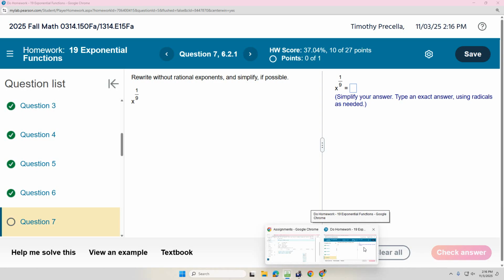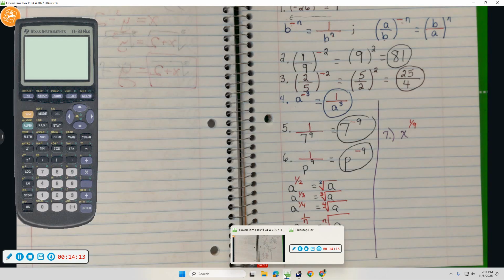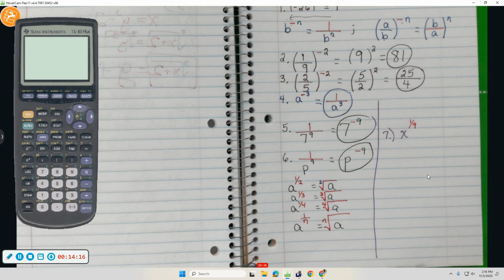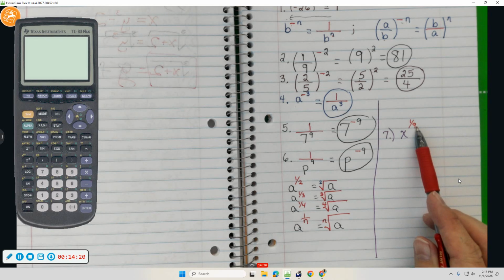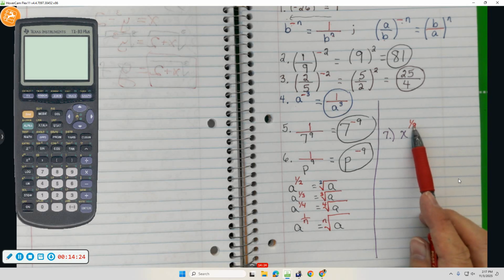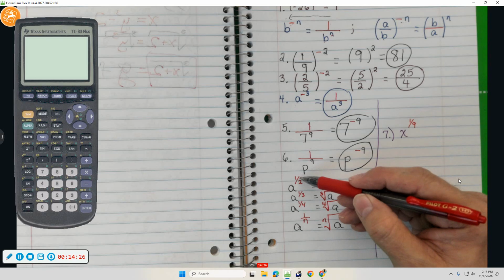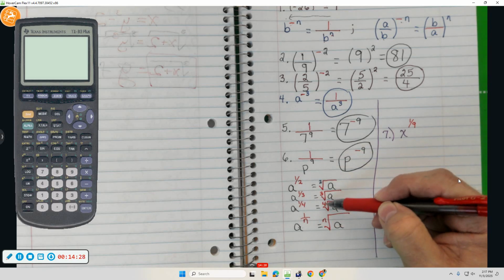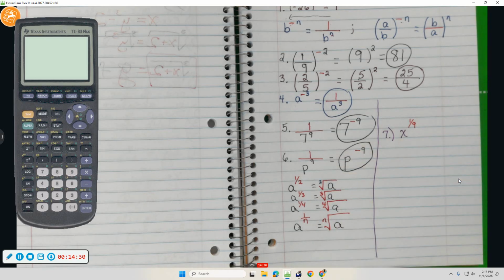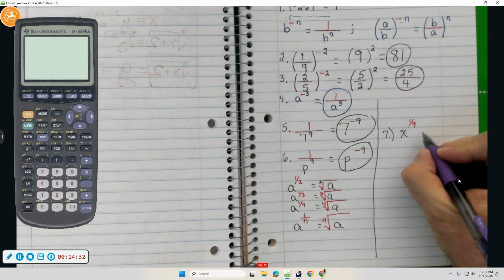I'd like to write it like that. So what it wants us to do is to rewrite x to the 1/9 without this fractional exponent, without the rational exponent. That means you need to write it with a radical symbol.